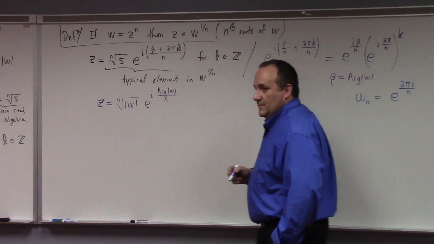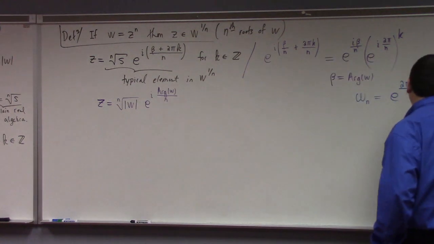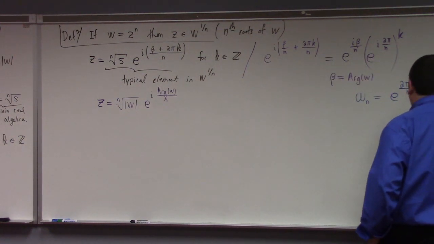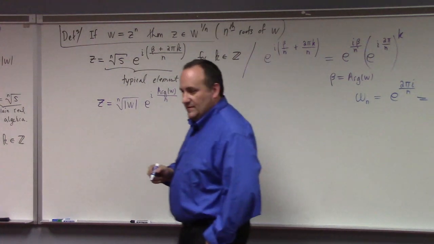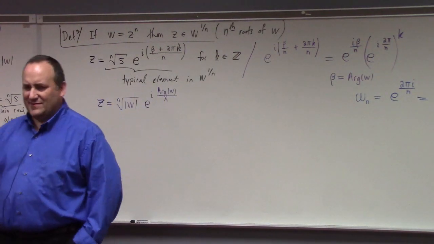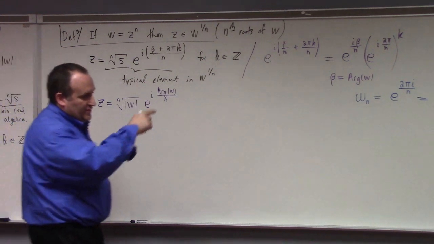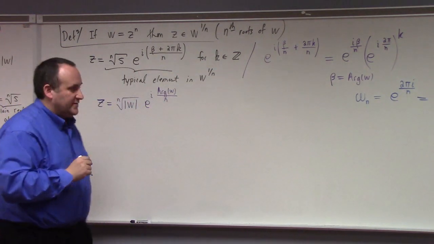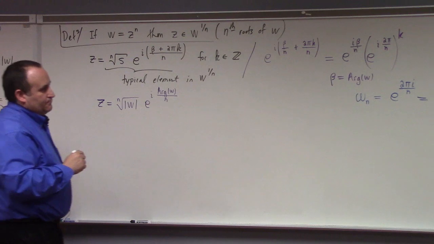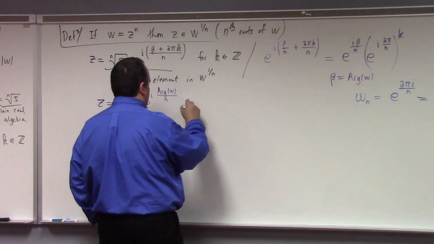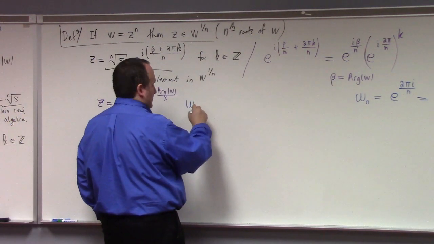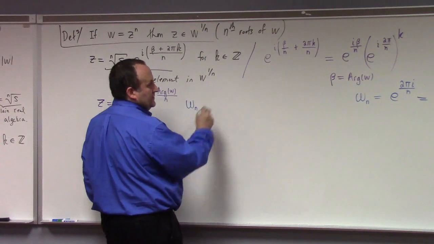Some books use zeta, but I'll use omega sub n. And you notice what this is: omega sub n to the k power.